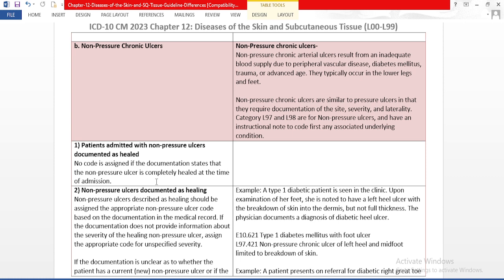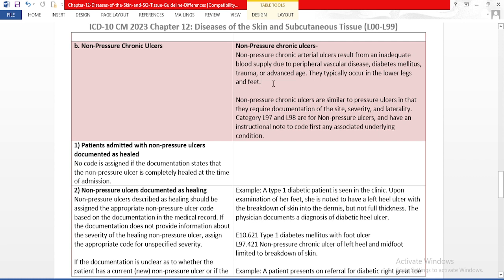About Passcode 21. So now we will learn non-pressure chronic ulcer. Before that, we need to know the definition of non-pressure chronic ulcers. Non-pressure chronic arterial ulcers result from an inadequate blood supply due to PVD, diabetes mellitus, trauma or advanced age. They typically occur in the lower legs and feet.